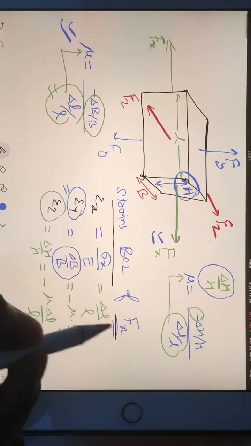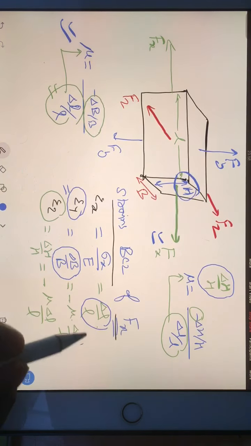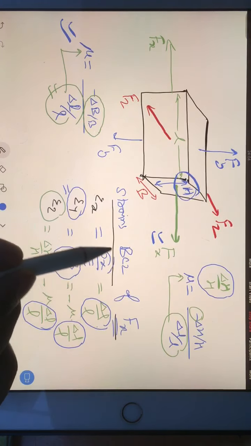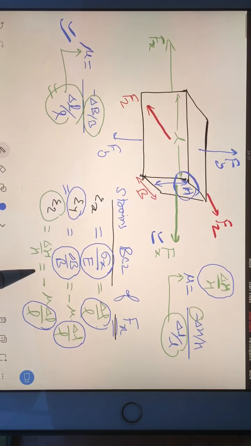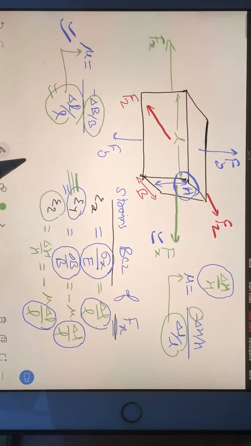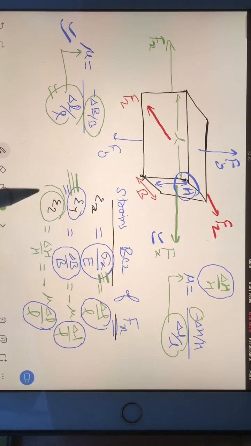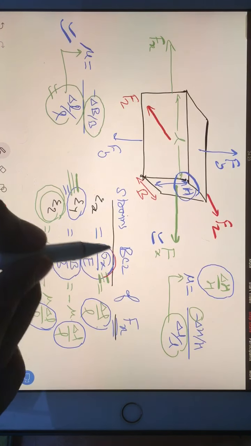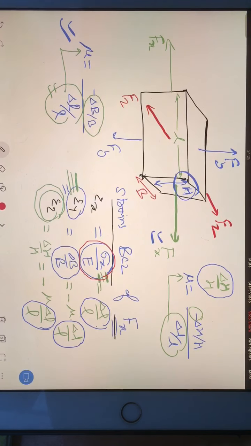But guys, all these del L by L are the same, equal to sigma x by E. It means strain in y direction we can successfully write in terms of stress in x direction. Strain in z direction we can also successfully write in terms of stress in x direction. How?